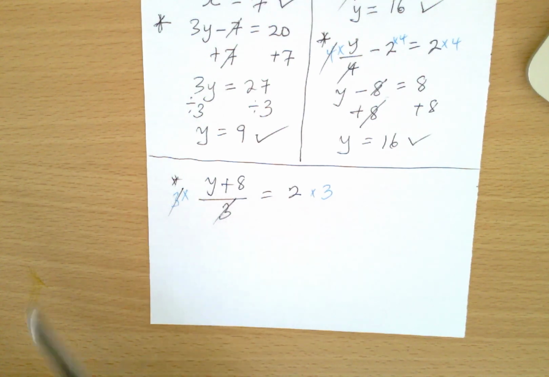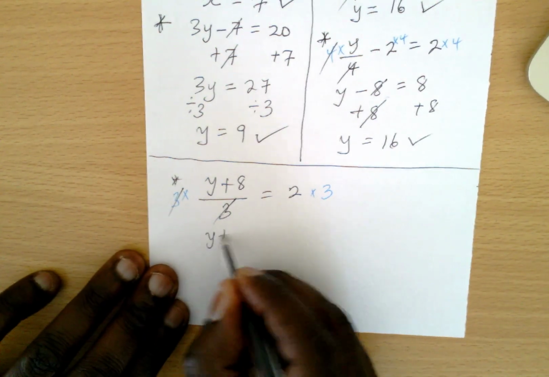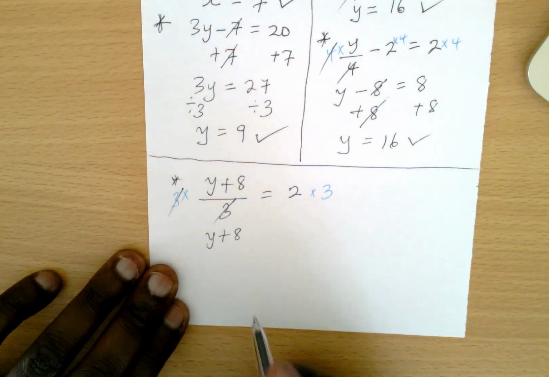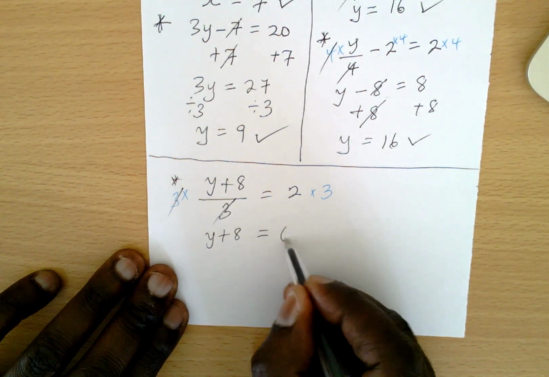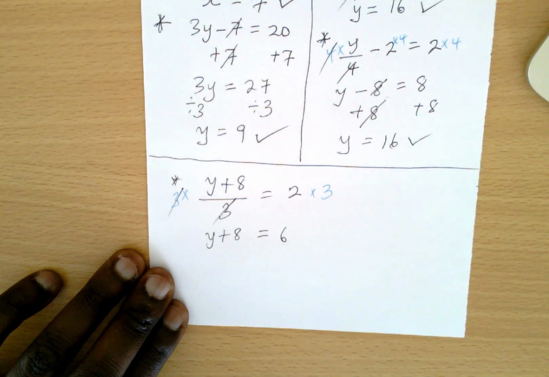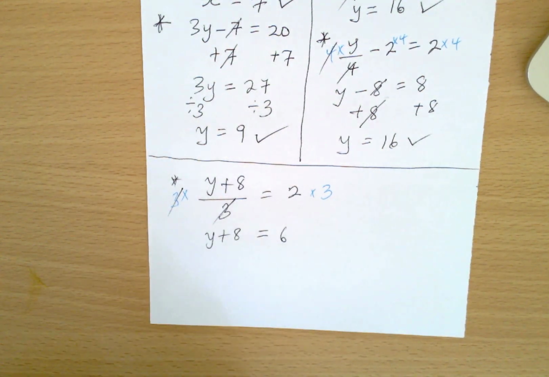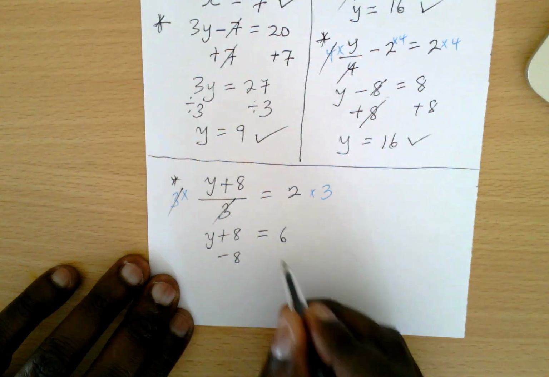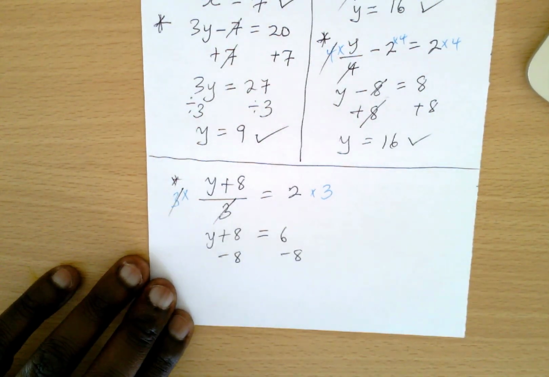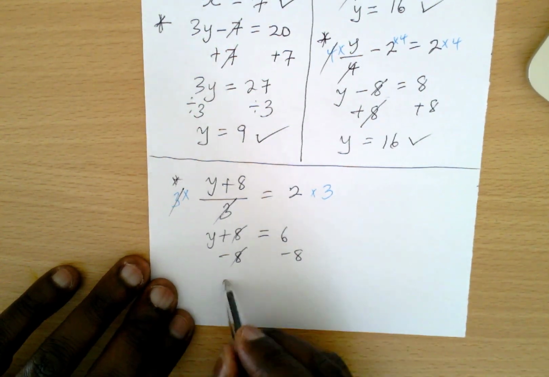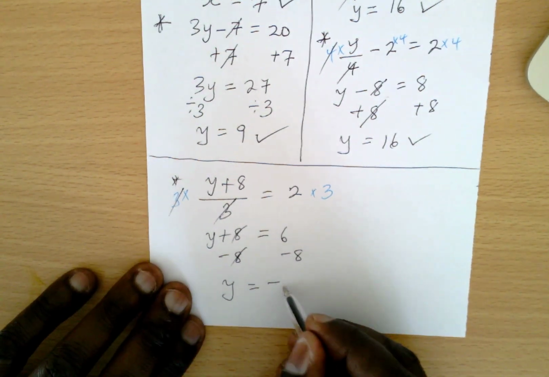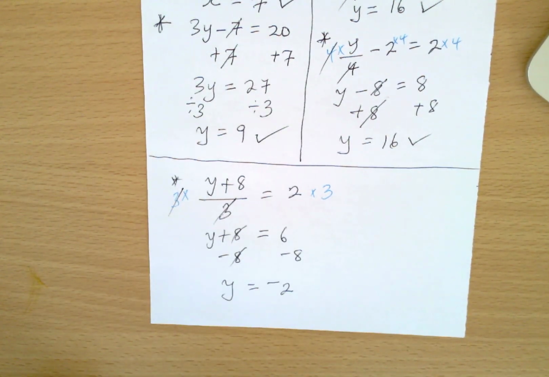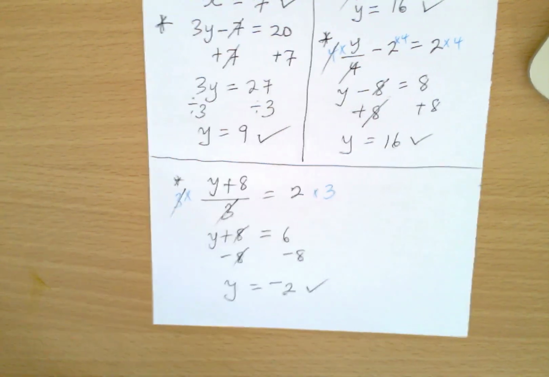So once we do that, on the left-hand side, we are left with y plus 8. And on the right-hand side, we have 2 times 3, which is 6. Then we minus 8 on the left-hand side, minus 8 on the right-hand side. This cancels out, so we have y is equal to 6 minus 8, which is negative 2. And that will be our answer.